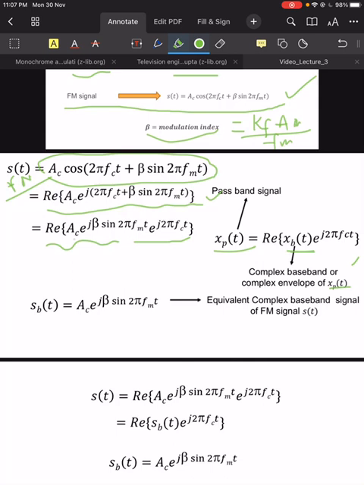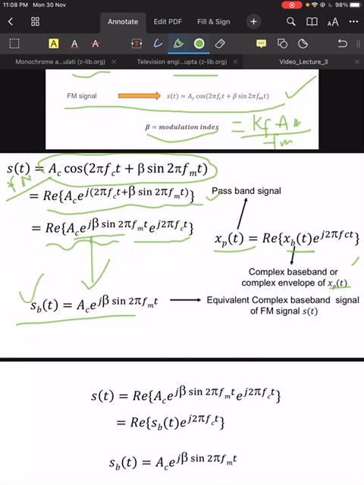see that in the expression of the FM signal, this Ac e^(j β sin(2π fm t)) we can consider as the equivalent complex baseband signal of the FM signal s(t).